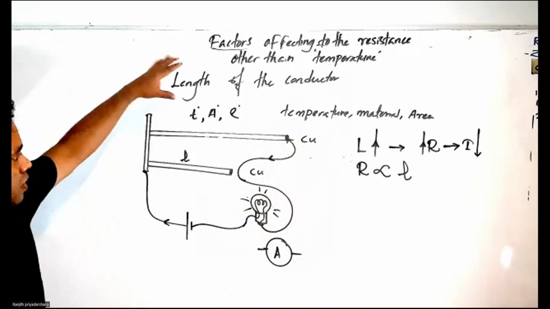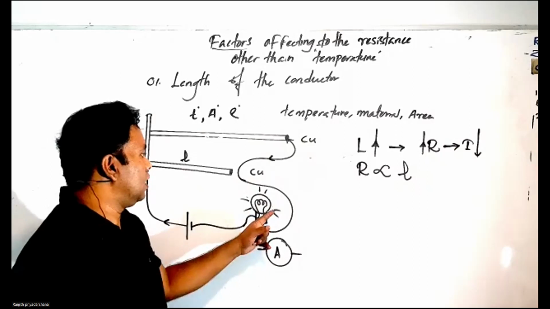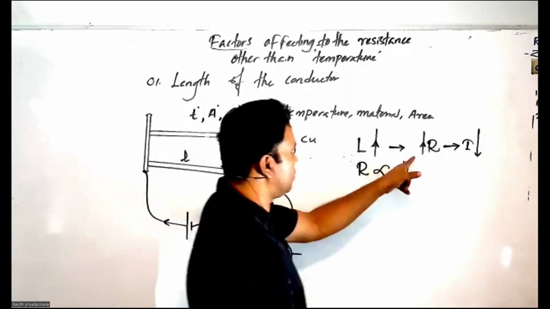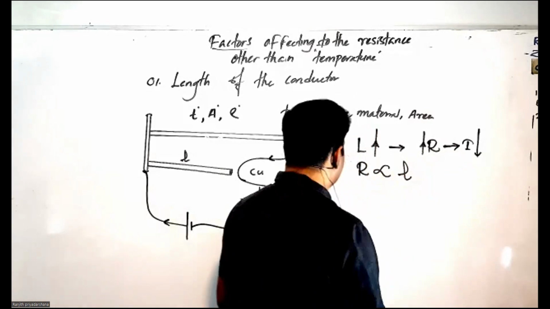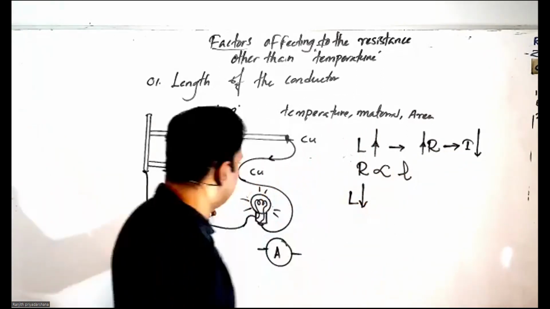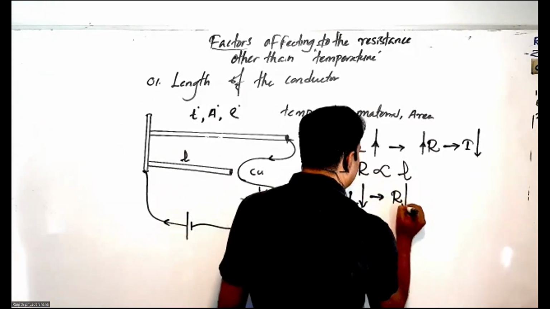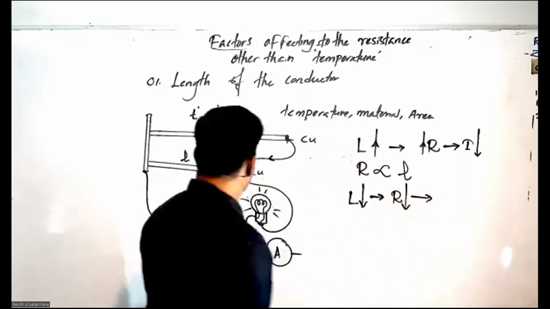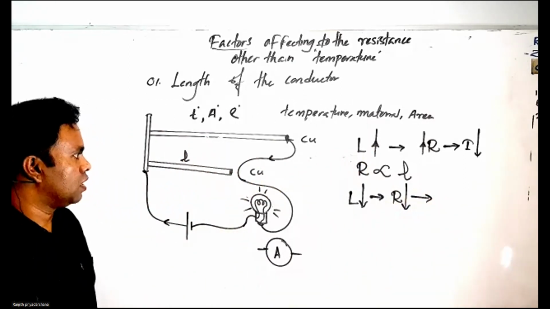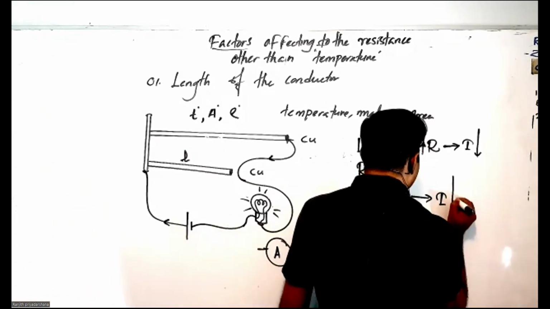Length of a conductor, how it affects the electric current. Length increases, resistance increases, current decreases. On the other hand, when the length decreases, resistance also decreases. Then electric current, බාධා අඩු වෙද්දී current එක වැඩි වෙනවා.